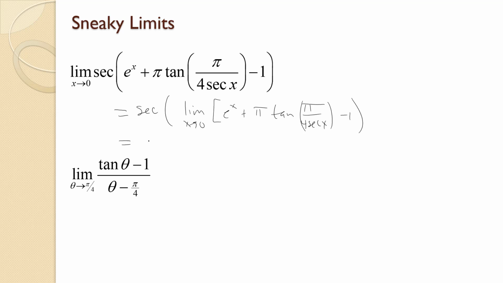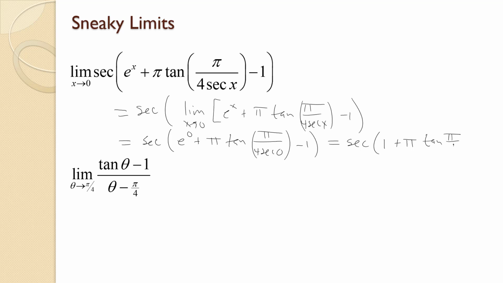So the result's continuous. So the result is the secant of e to the 0 plus pi times the tangent of pi over 4 times the secant of 0 minus 1. Just going back and evaluating that, that's the secant of 1 plus pi times the tangent of pi over 4, because secant of 0 is 1, and then minus 1.